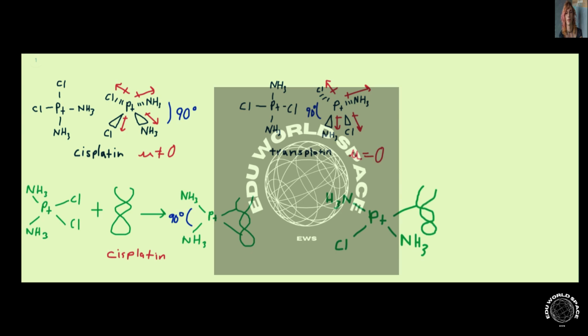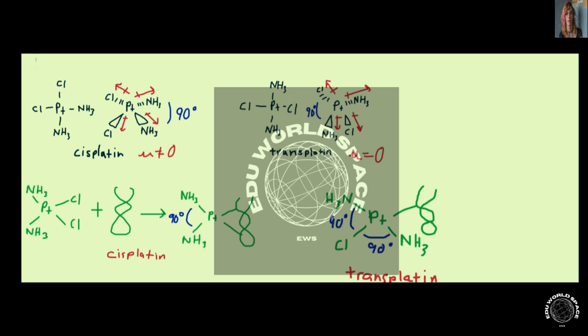We would have our chlorine bound to our DNA like that. We would have that substitution reaction. Now look at the angle. Remember, this is a square planar structure, so look at the distance between our two nitrogens. This is going to be 90 degrees, and this is also going to be 90 degrees.